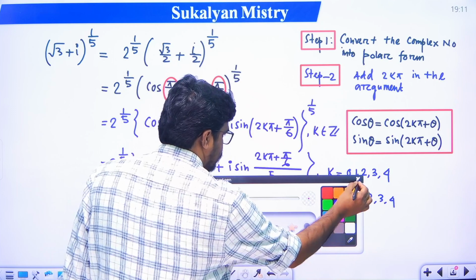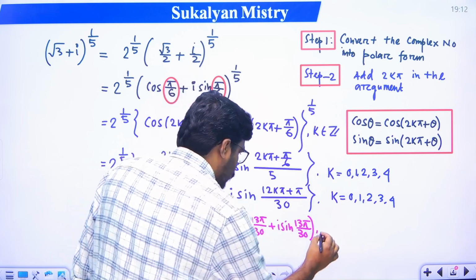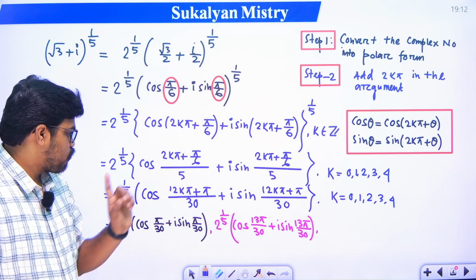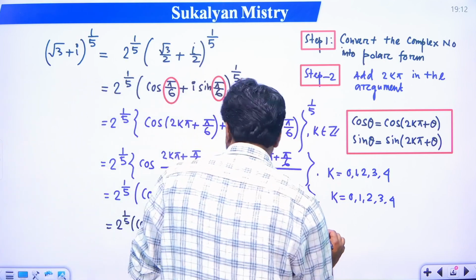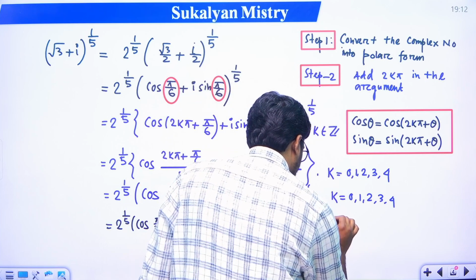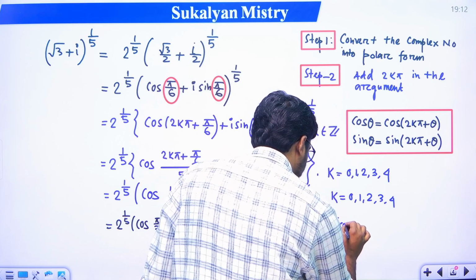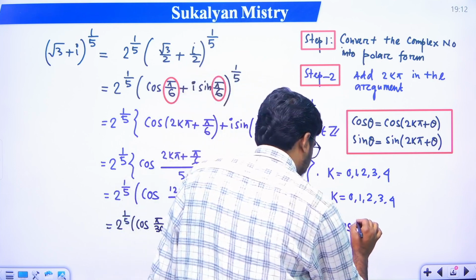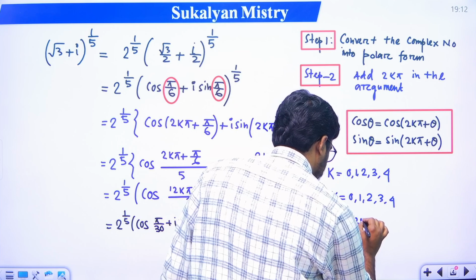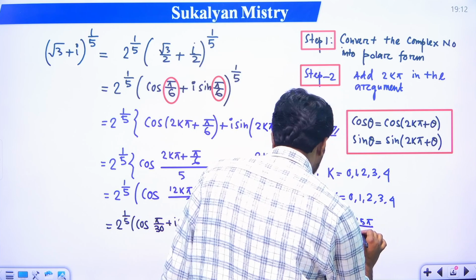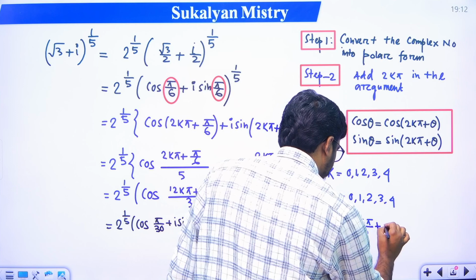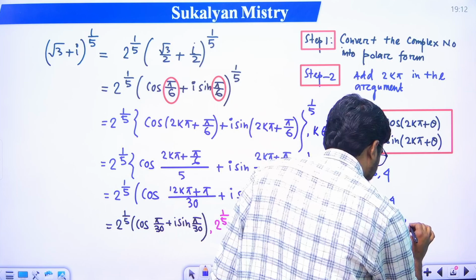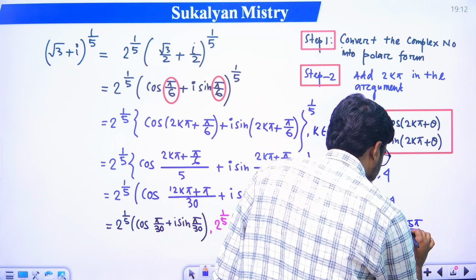Okay, next put k equal to 2, 24 pi plus pi, that is 2 to the power 1 by 5 into cos 25 pi divided by 30 plus I sin 25 pi divided by 30.